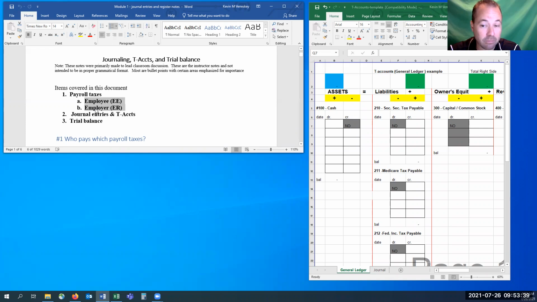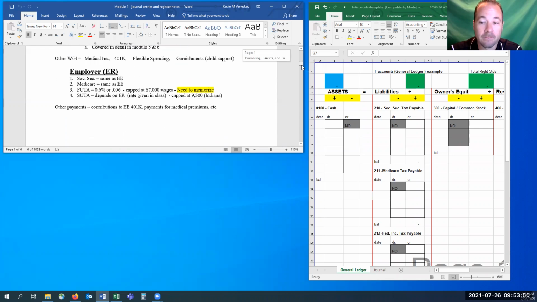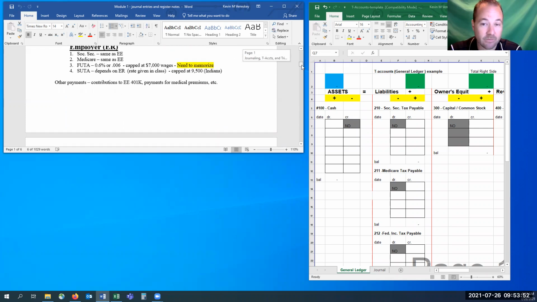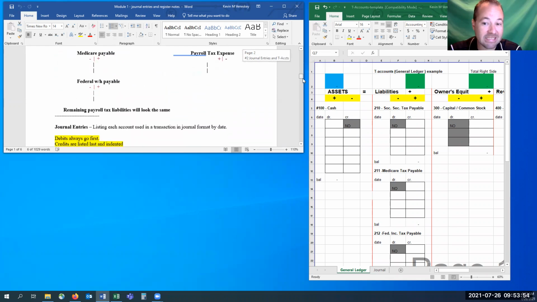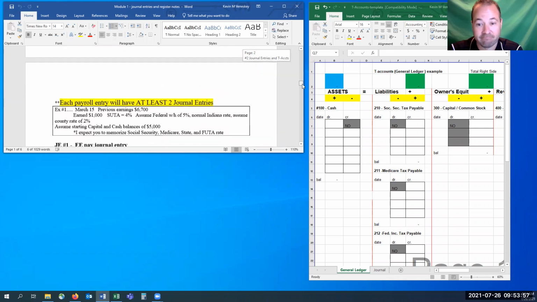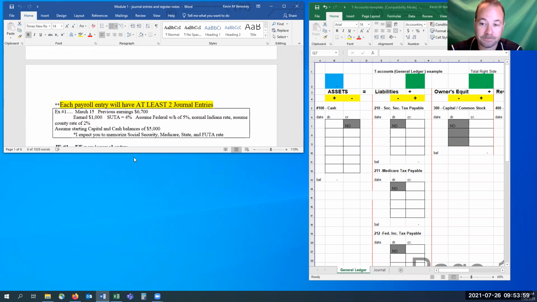Eventually the employer pays all the taxes on, but 4 taxes come out of the employer's pocket that the employee doesn't even know about. Unless you've taken an accounting class before, you didn't even know that the employer actually pays additional taxes that don't even come out of your check. All right, so that's what we're going to do. We're going to have 2 journal entries.